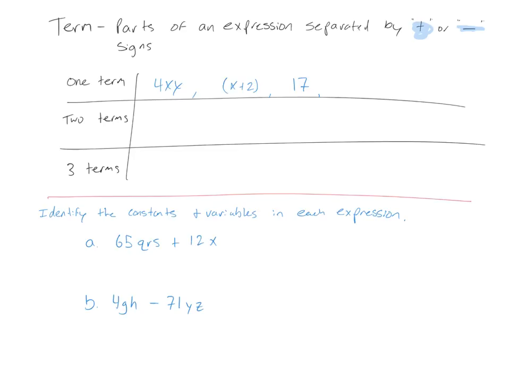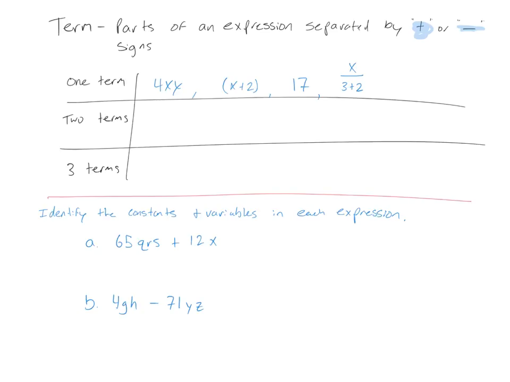Maybe something like this, x over 3 plus 2. Even though it does have a plus sign in there, it's actually just one term because this division bar right here is actually a grouping symbol. It's saying group all this together. Okay, so this is just one term. It's a little bit confusing because it does have a plus sign in there, but this is just one term. Same with this one, a little bit confusing, but it's just one term.